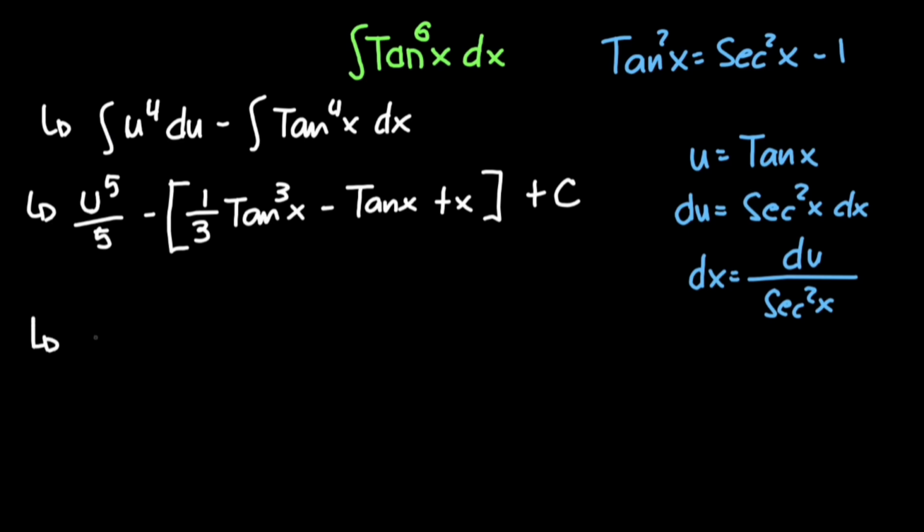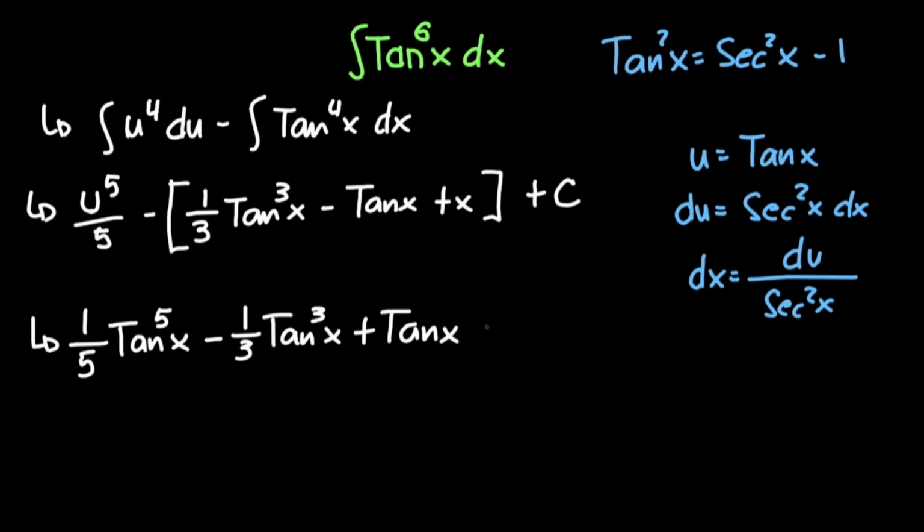And so the final answer would be 1/5 tangent to the power of 5x minus 1/3 tangent cube of x plus tangent of x minus x plus c.